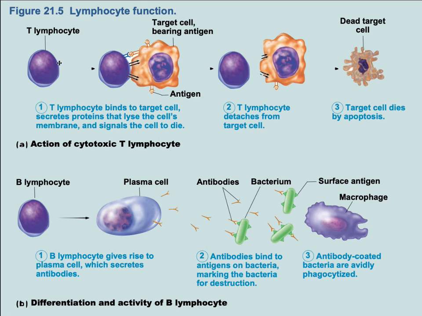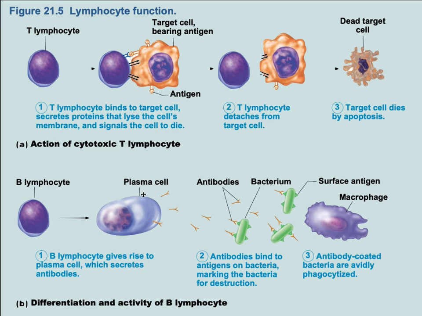So here you can see the T lymphocytes acting directly to cause the cell to die, whereas the B lymphocyte, which looks very much the same except molecularly they have different receptors on the surface, when they recognize there are invaders, they give rise to plasma cells. These plasma cells are like protein factories.